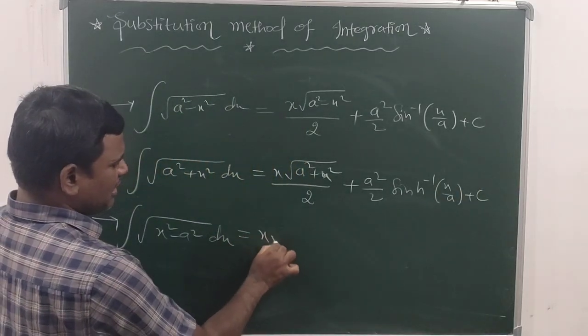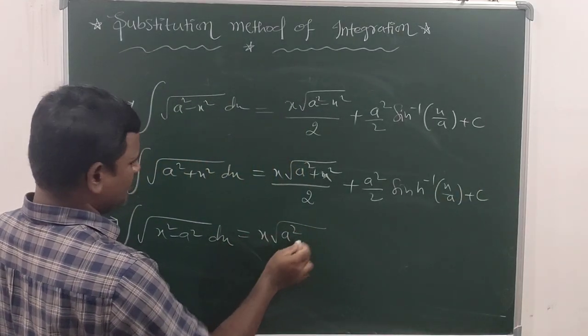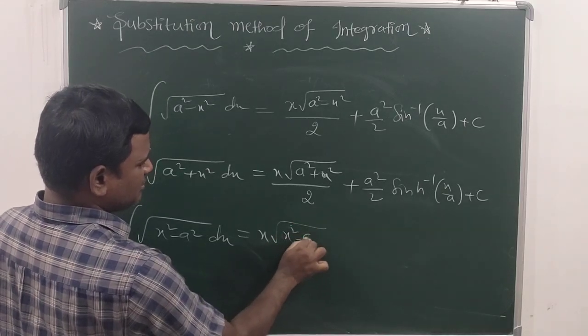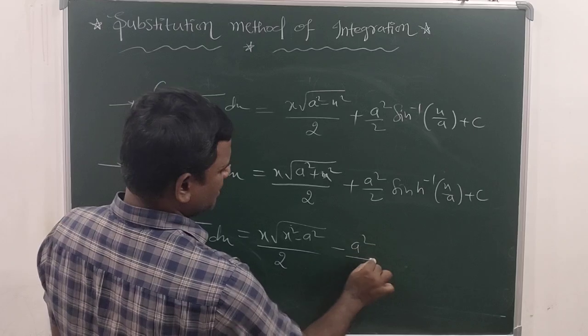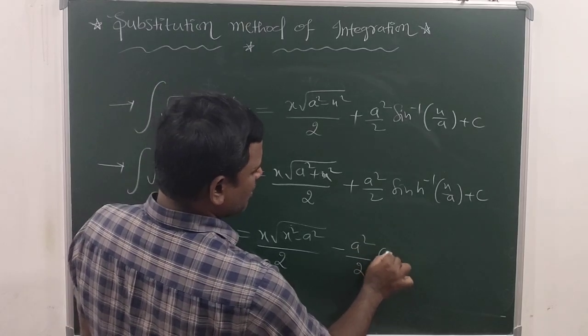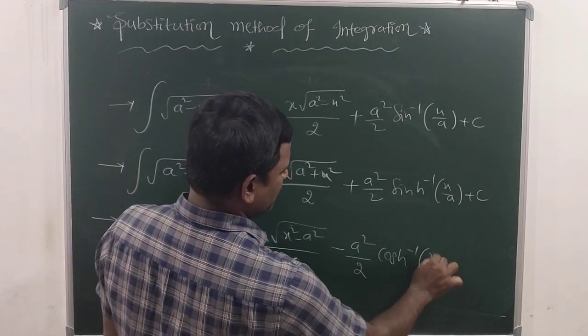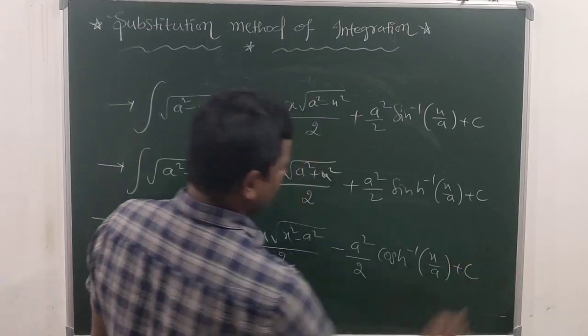This one: x into root of x square minus a square by 2, here the middle minus will come, a square by 2 cosh inverse of x by a plus c.